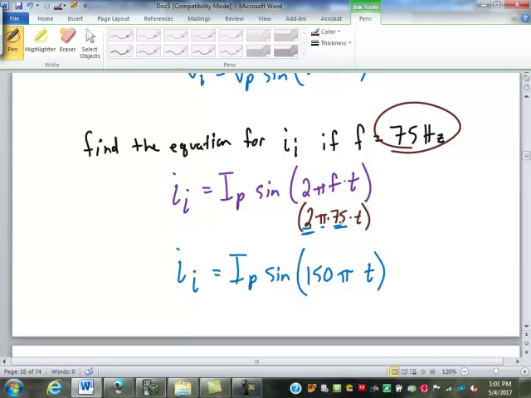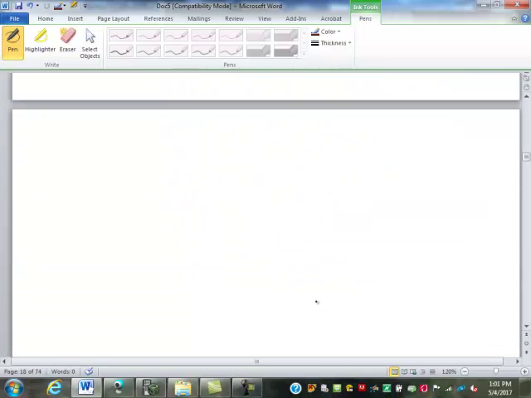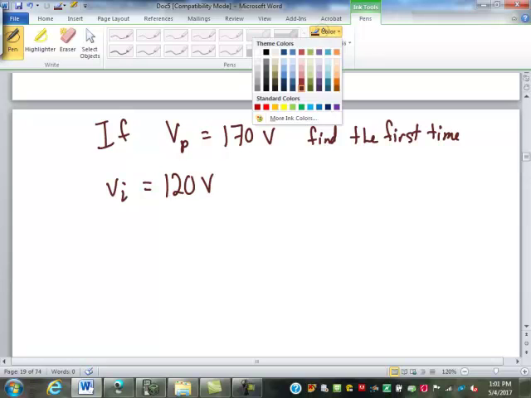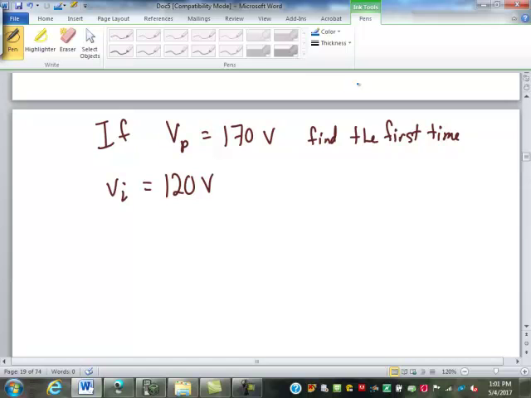Well, how about going the other direction? If our peak voltage is 170 volts, find the first time in the cycle that the instantaneous voltage will equal 120 volts. So we're starting out with that same equation.